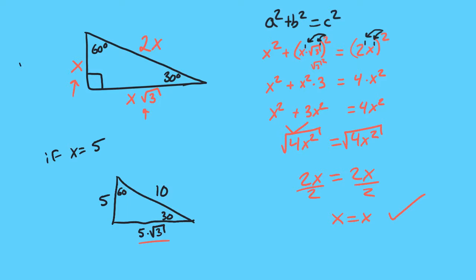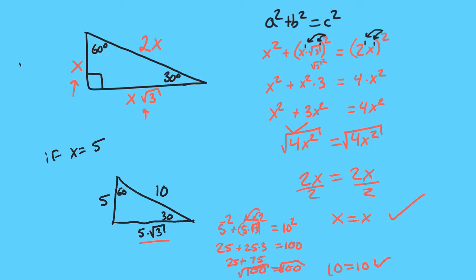I take 5 squared, the smallest side squared, plus 5 times the square root of 3 squared is equal to 10 squared. So 25 plus, if I distribute it essentially to the exponents, I'll have plus 25 times 3 is equal to 100. Well, this gives me 75 plus 25. That's 100 equals 100. If we take the square root, we'll find that 10 equals 10.